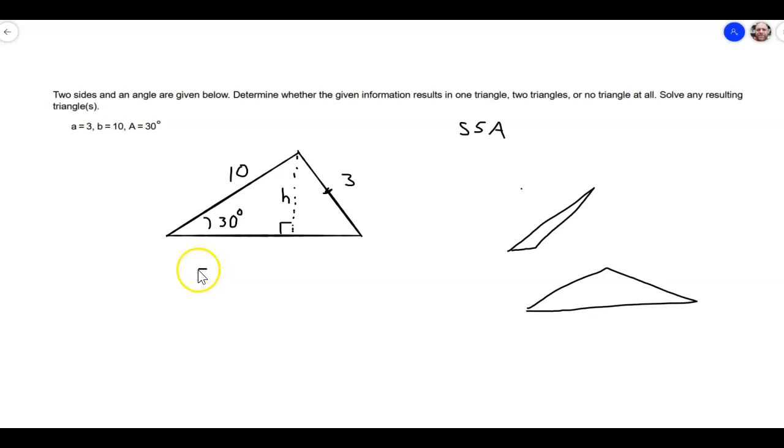So I'm going to set up the sine of 30 degrees is equal to opposite, which is the h, over the hypotenuse, which is 10. So in this case, the height is equal to 10 times the sine of 30 degrees.